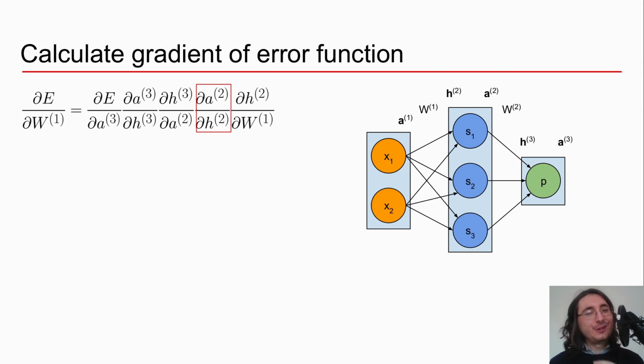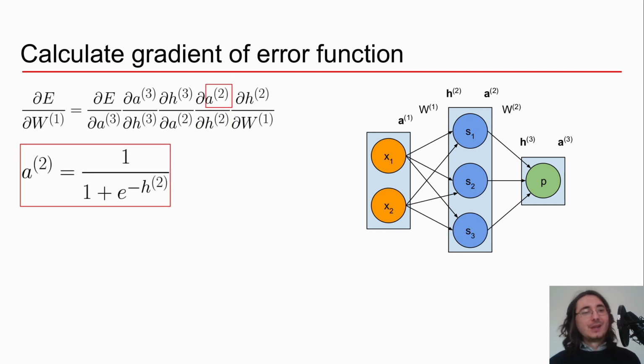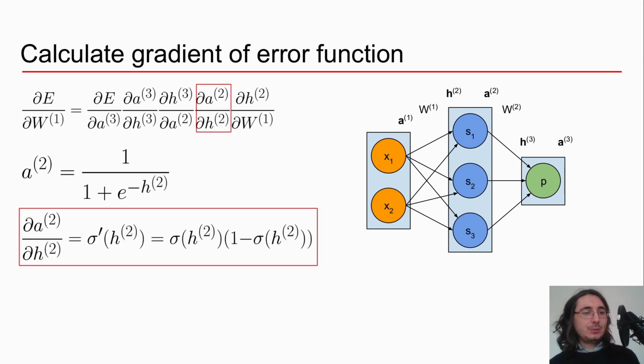Now let's move on. Next derivative: the derivative of A2 calculated over H2. Again, A2 is given by the sigmoid function calculated in H2. And so when we do the derivative of A2 over H2, we have the first derivative of the sigmoid function, but this time calculated in H2.